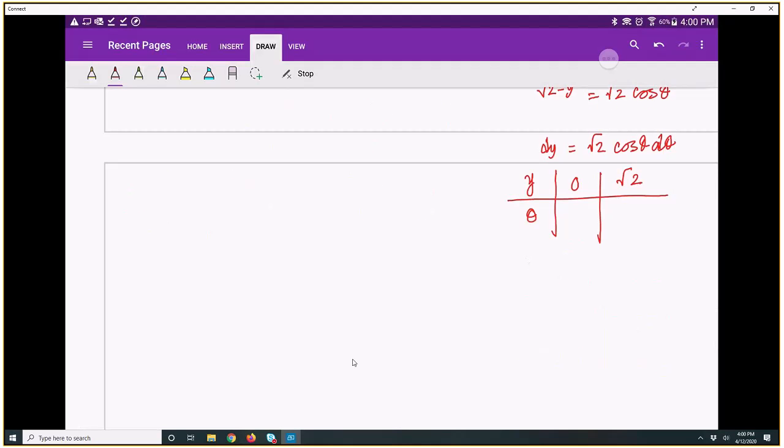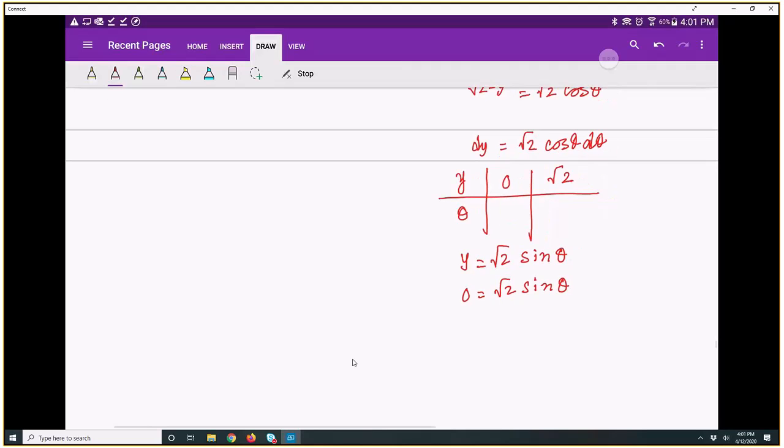So using that relationship, if I put y equal to 0, I get square root of 2 sine theta equal to 0, which implies sine theta equal to 0. And taking arc sine on both sides, I'm going to get theta is equal to 0.